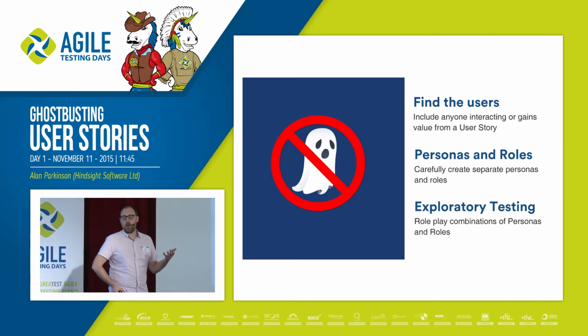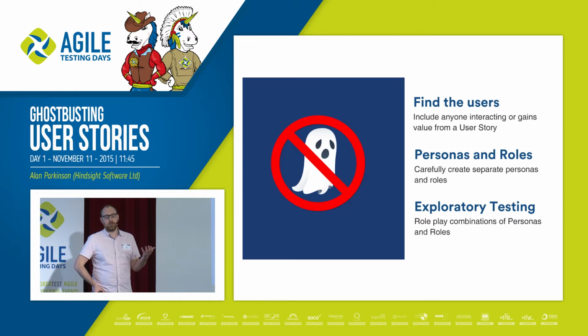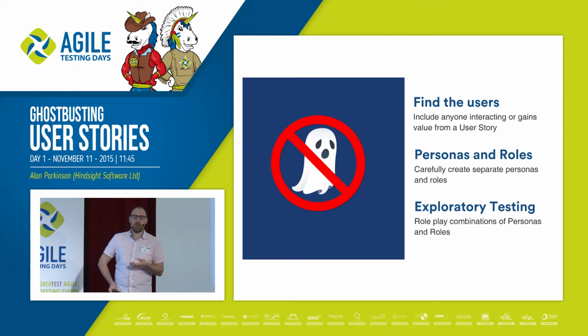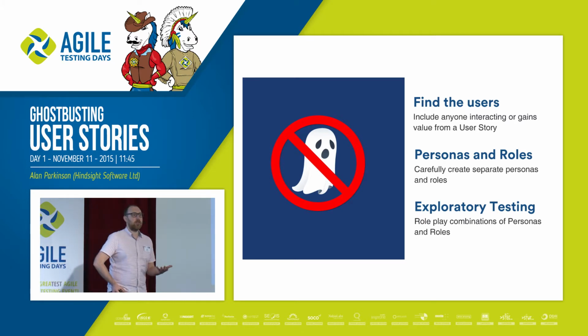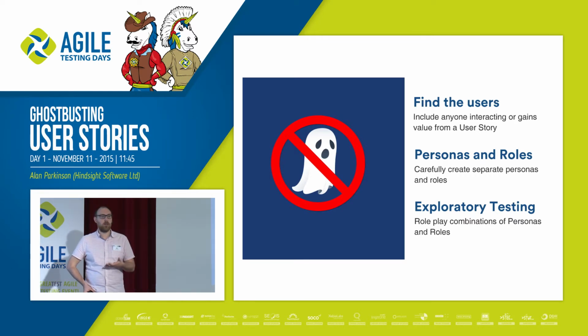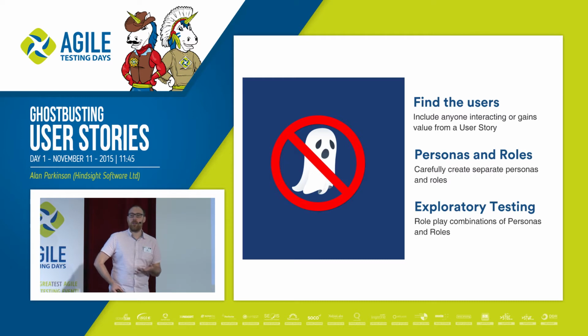So in my simple hotel check-in example, the receptionist was never mentioned. They've got a benefit, they've got value, they interact with the system. They should have been in the user story. There could be a management function that's required in the user story. Perhaps the kitchen needs to be notified there's an extra guest checked in, and for breakfast the next morning they need to provide more food. You've got potential other users there that are hidden.